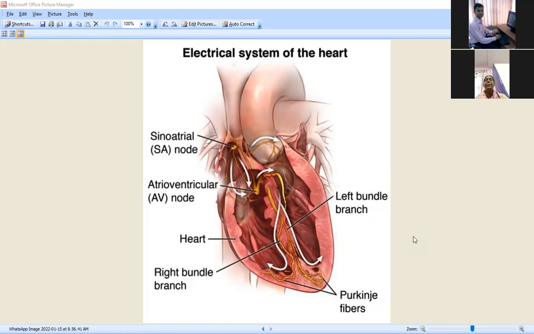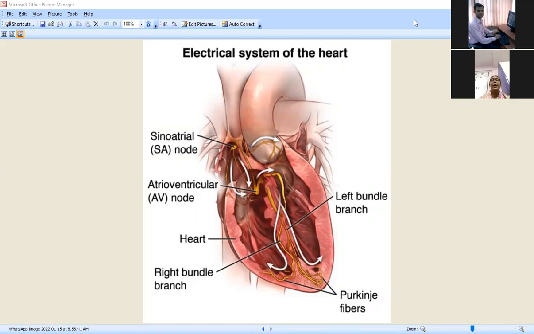Then the bundle of His is again branched into Purkinje fibers. Purkinje fibers are minute fibers which carry electrical signals to the whole part of the ventricles.